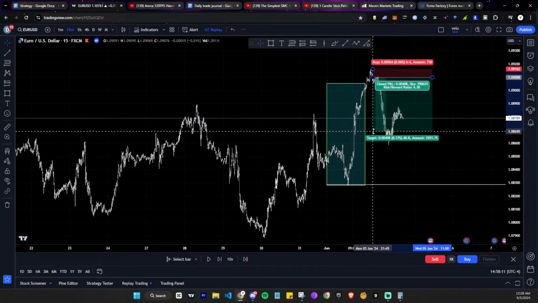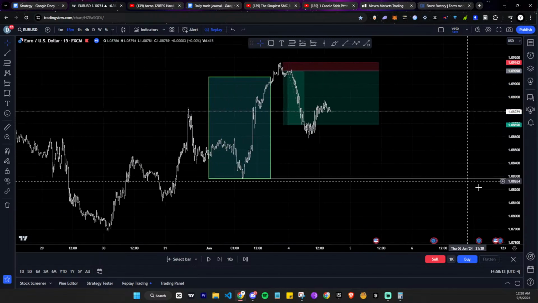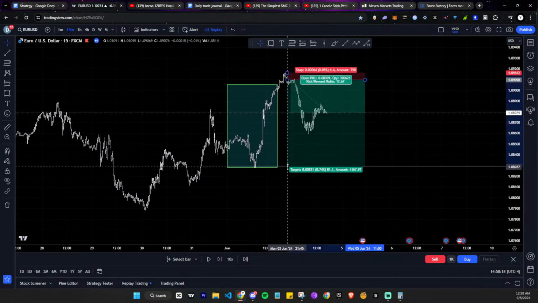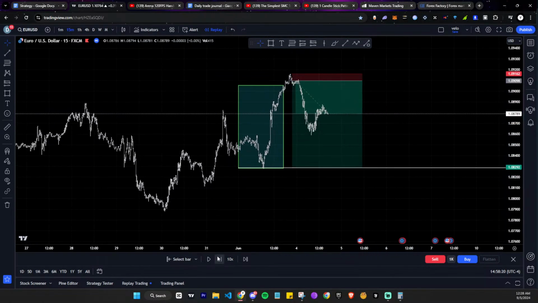Somewhere around there. Okay, so even if, let's say for example, we consider taking it all the way towards the previous day low, let's see how that plays out.